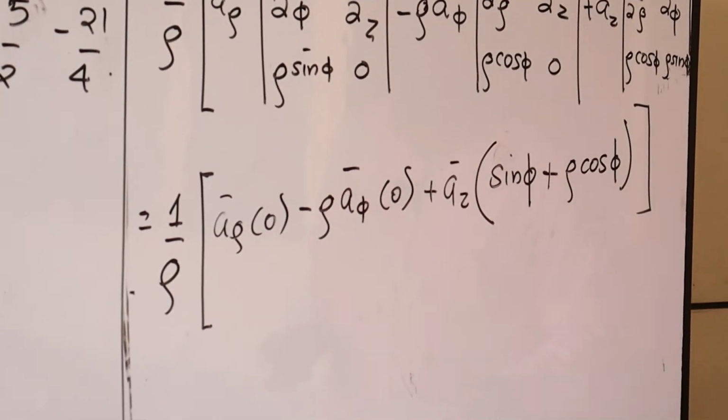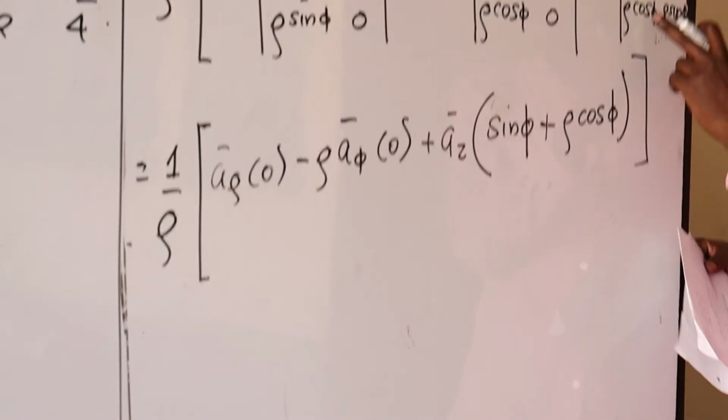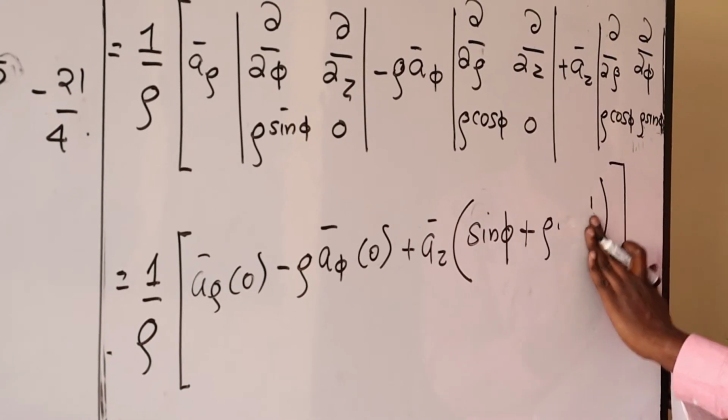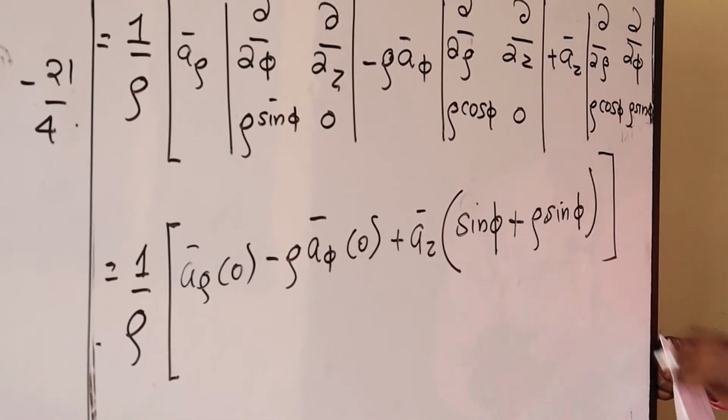So if we open up our bracket, this is this versus that, this is sine, minus sine, and so it translates into sine. Sorry for that.